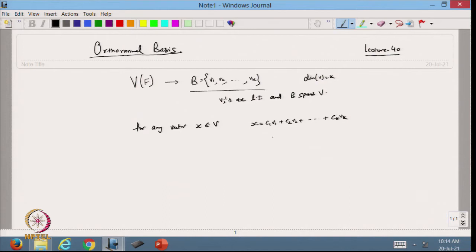I can write the coordinates of x with respect to the basis as C1, C2, up to Ck.